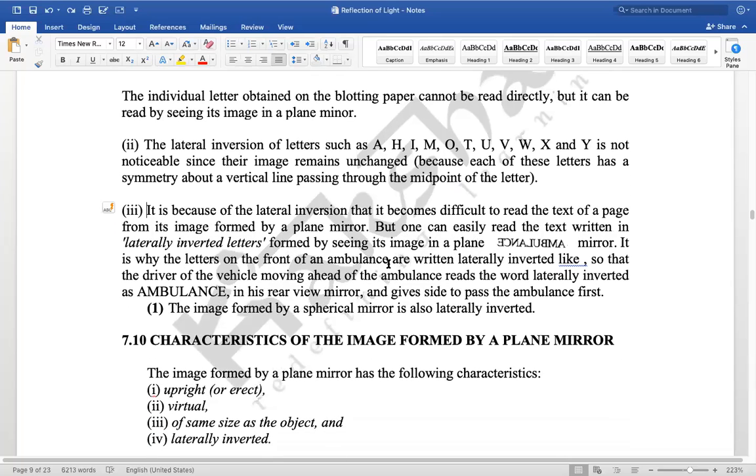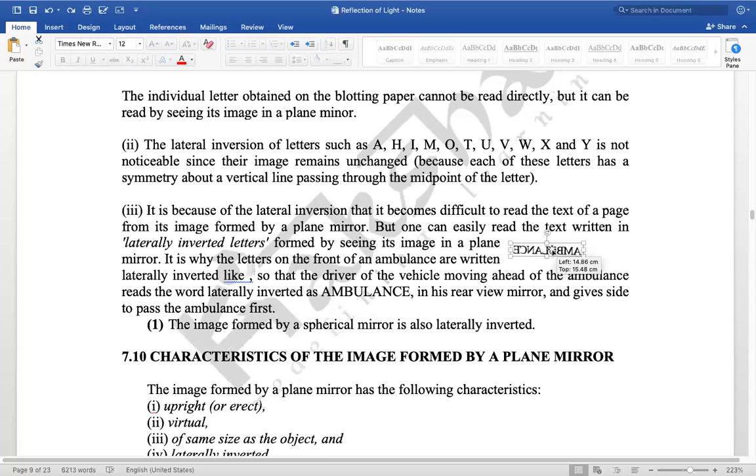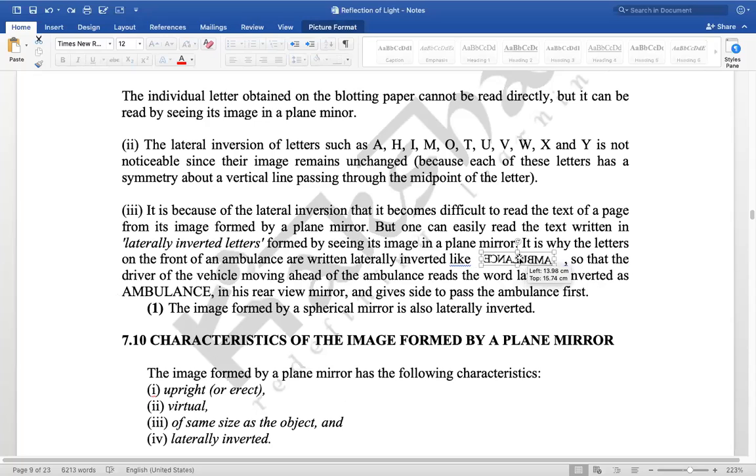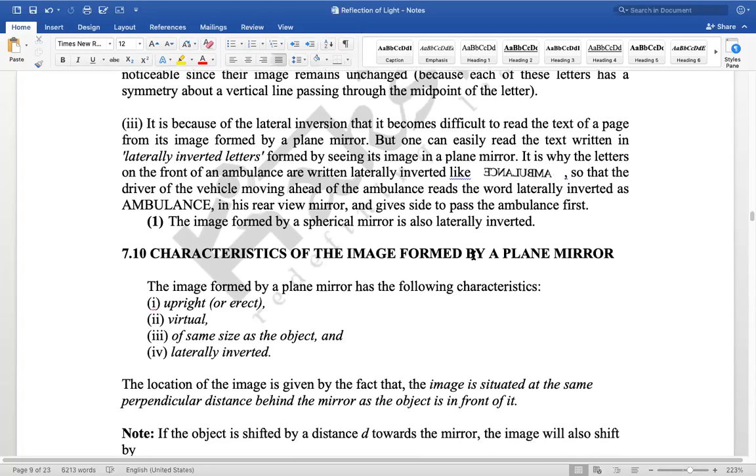Now it is because of the lateral inversion that it becomes difficult to read the text of a page from its image formed by a plane mirror, but one can easily read the text written in laterally inverted letters by seeing its image in a plane mirror. जैसे ambulance है, ठीक है.